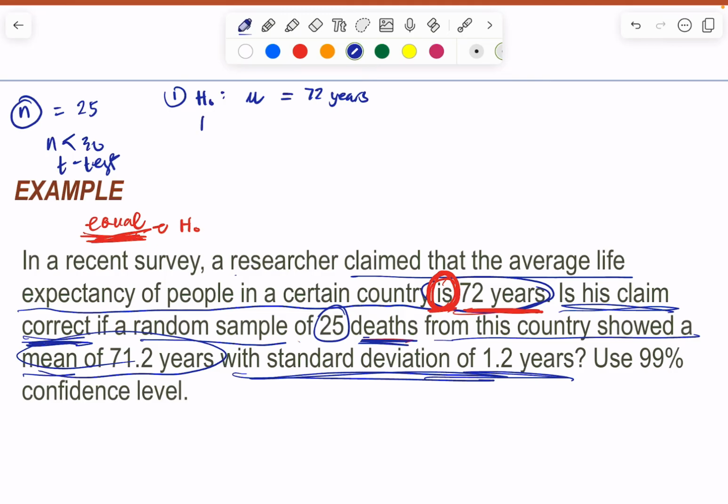Now, ang atoang next gamon is ang alternative. So, this is easy na din to make because you already have your null. Ang alternative kay opposite ra na siya ni null hypothesis. So, your mu is not equal to 72 years.